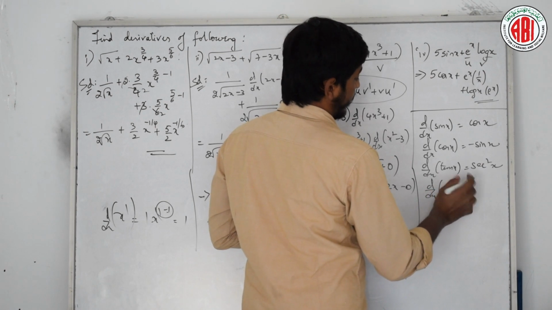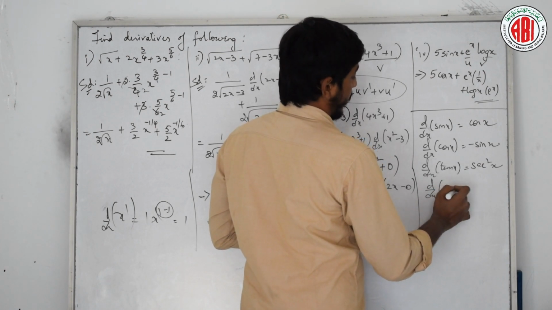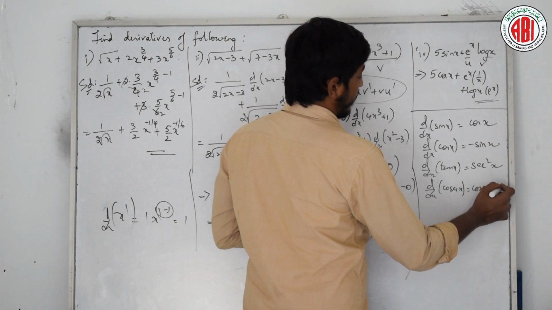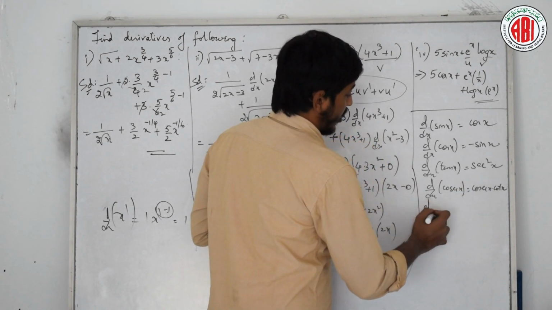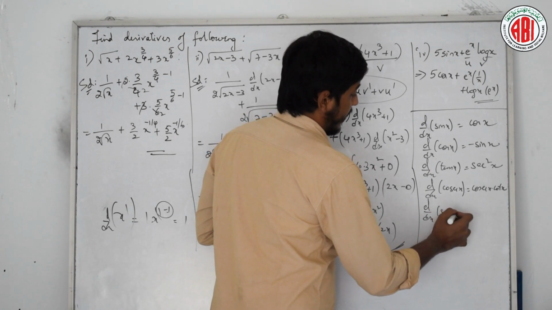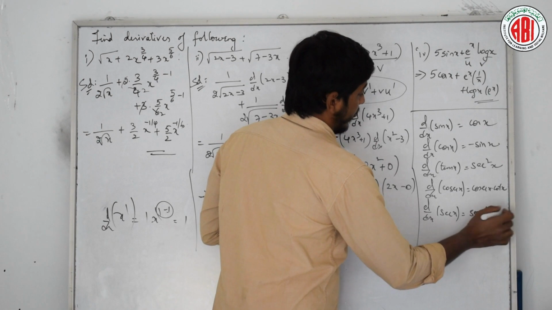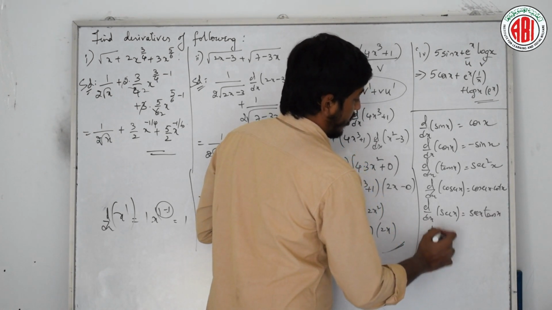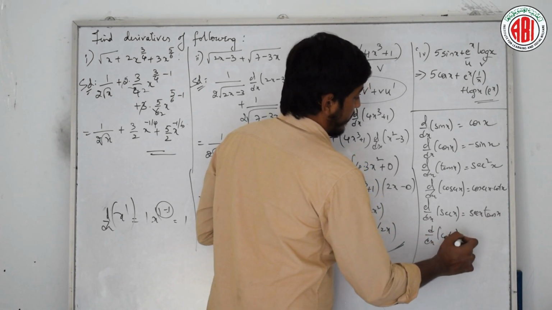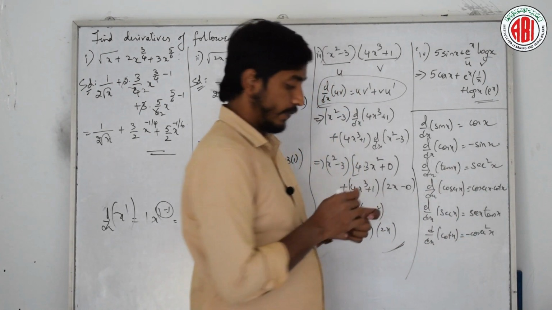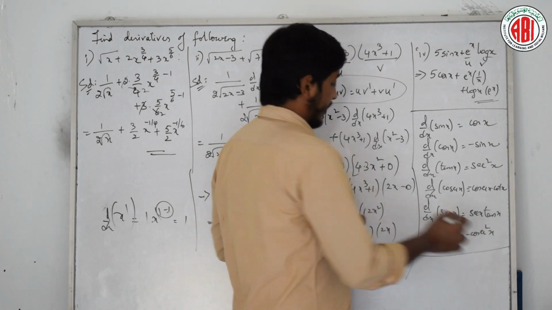Differentiation of cosecant x is minus cosecant x cot x. Differentiation of secant x is secant x tan x. Differentiation of cot x is minus cosecant square x. Here also it is minus. Clear? These are all next 6 set.